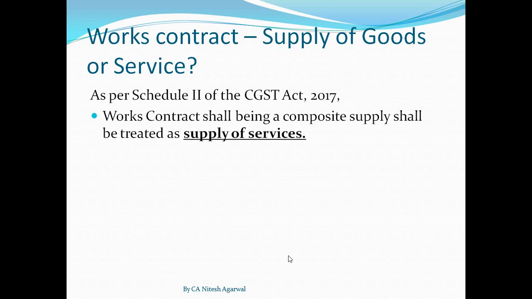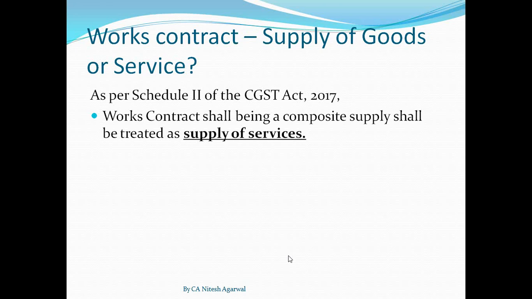If it is considered as a provision of service, then service tax was to be levied and the central government would benefit from it. But if it is considered as a provision or sale of goods, then the state government was levying VAT on it, and the state government was benefited.